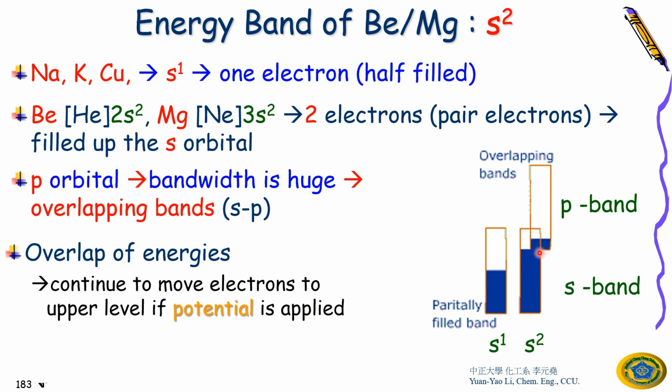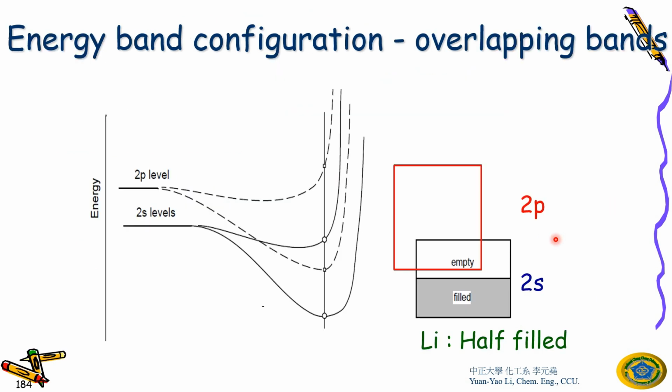If you give energy to these materials, the electron from the anti-bonding molecular orbital will move to the p band. So this is what we call electricity. This is the representation to tell you that this is the 2s level, this is the 2p level for one single atom.